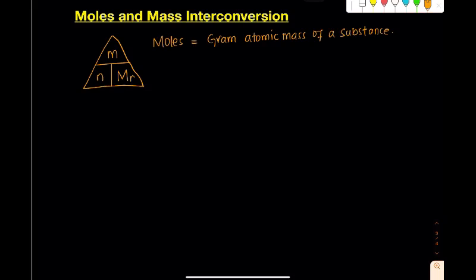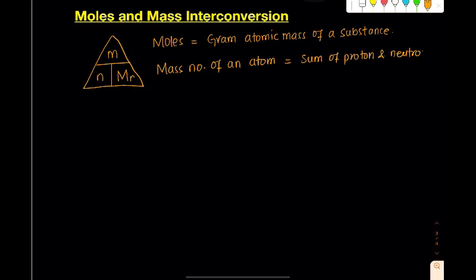Now, what is the gram atomic mass of a substance? Let us look at the mass number. The mass number of an atom is a sum of proton and neutron number, right? So we know that the mass of a proton is 1 AMU, and the mass of a neutron is also 1 AMU.